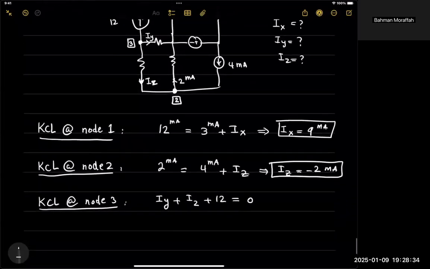But we already know this IZ is minus 2. Therefore, I of Y is negative 10 milliamps, right? So it's very, very simple. We can basically obtain all I's just by writing KCL.